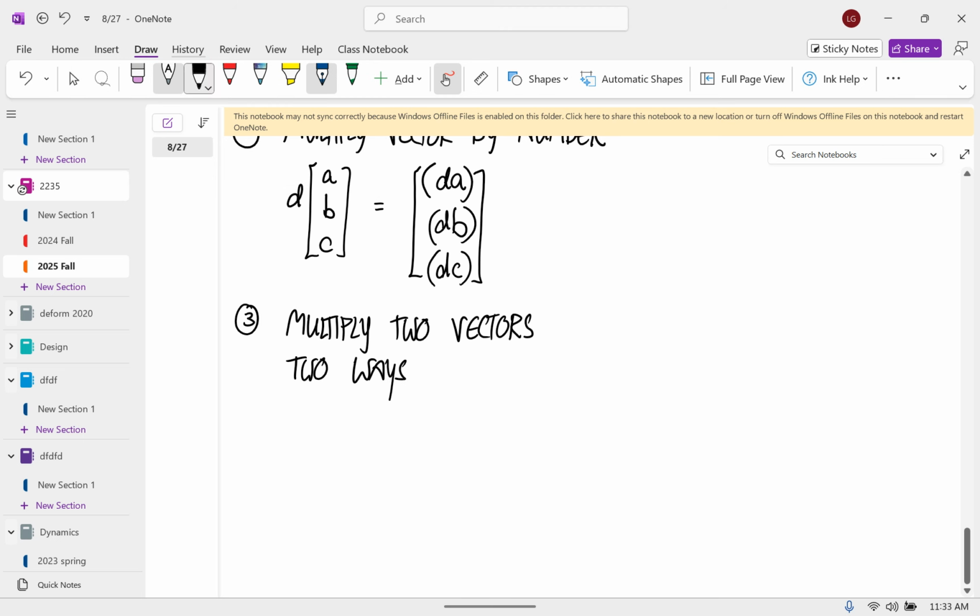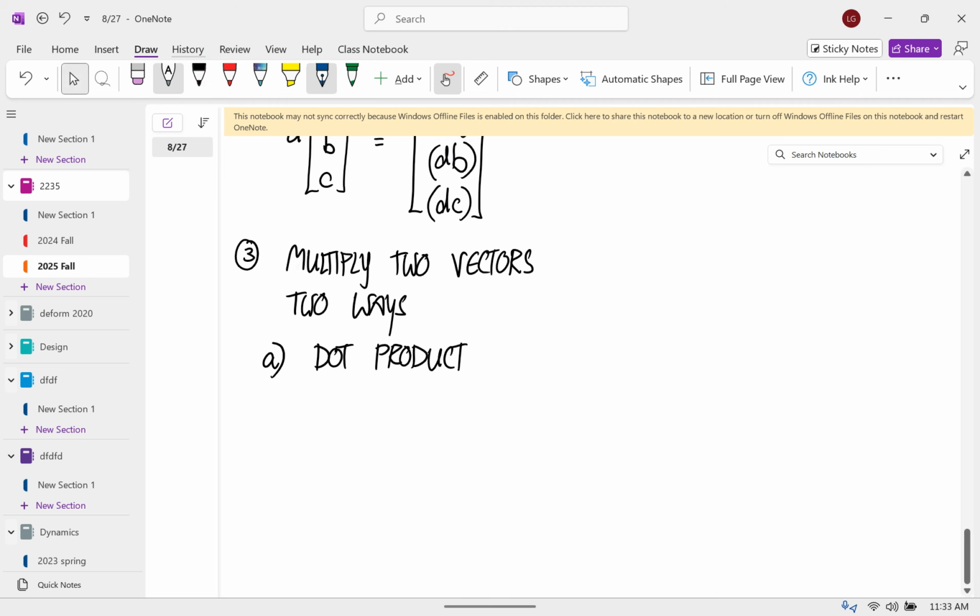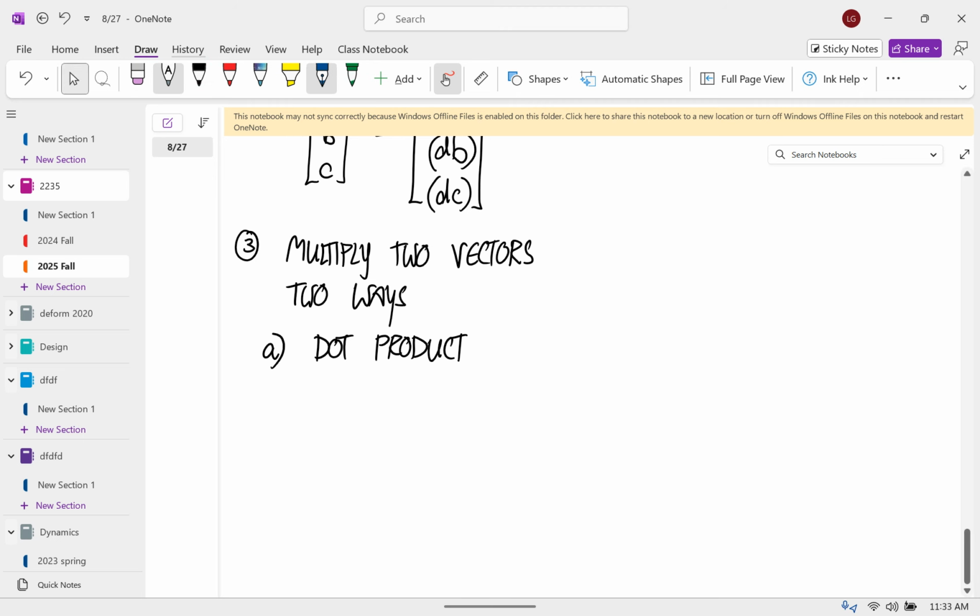The first one is the dot product. And the dot product, you'll also sometimes see referred to as the scalar product, or the inner product.